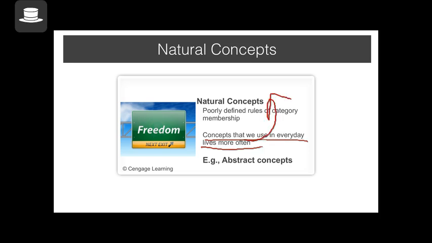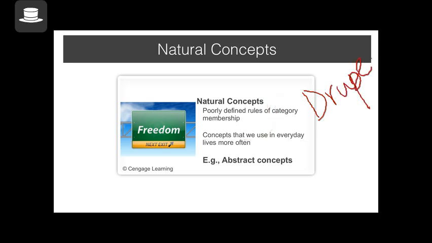For example, I say, what is a coconut? Is it a nut, a vegetable, a fruit? Well, it's actually a drupe. A drupe is a fibrous fruit with a hard covering. Well, anyways, it doesn't really matter.